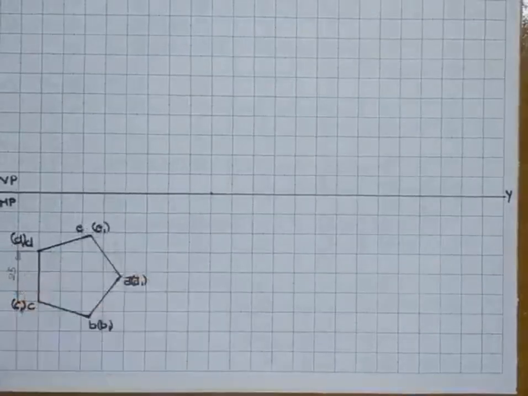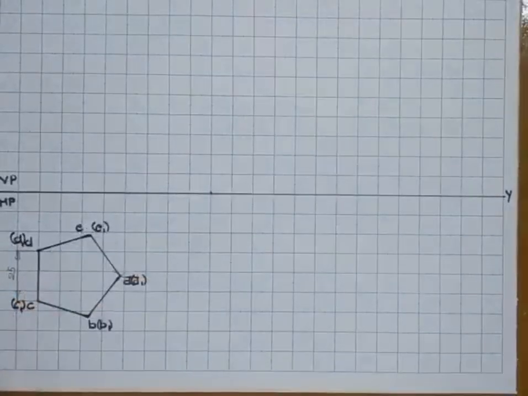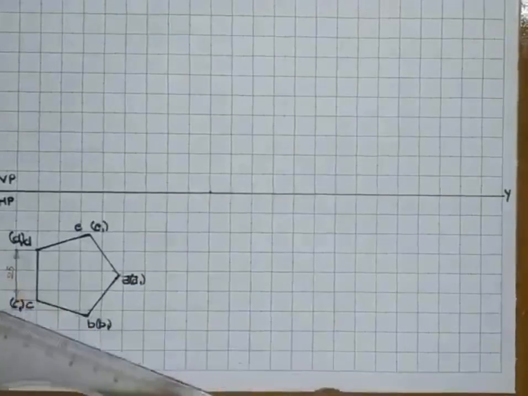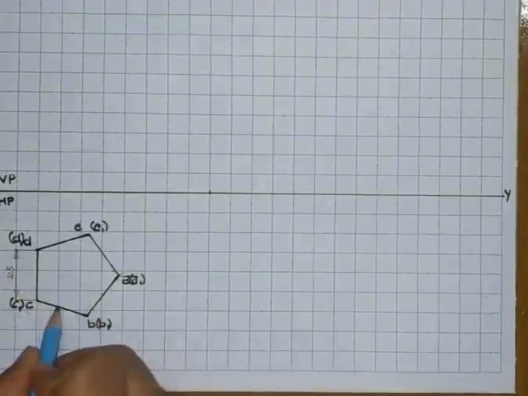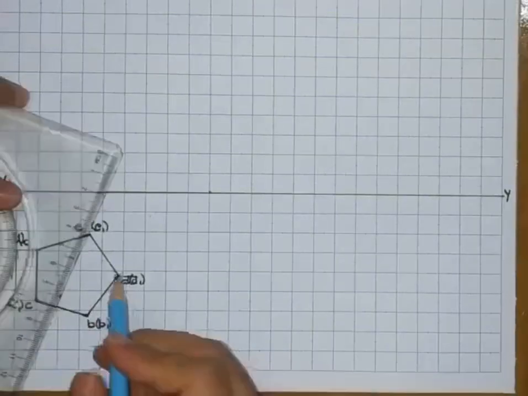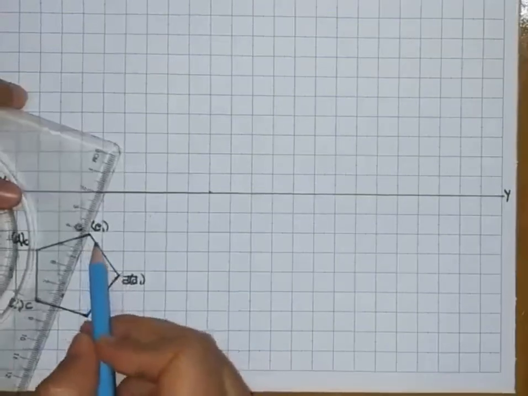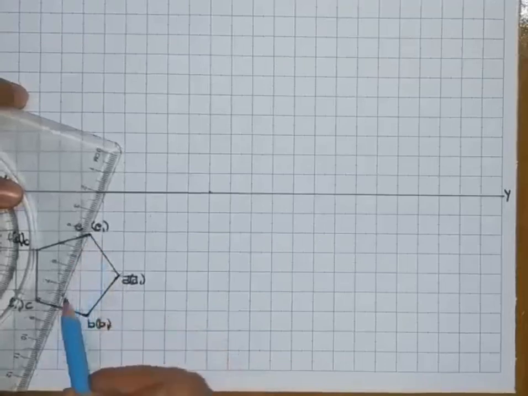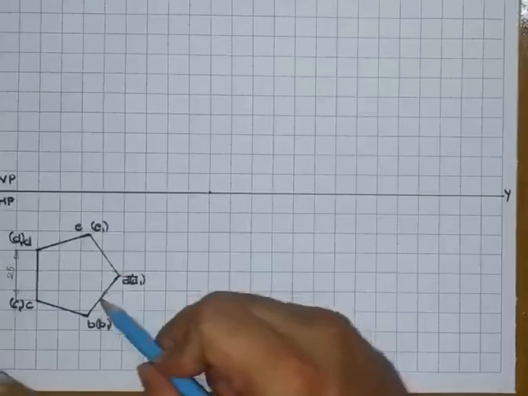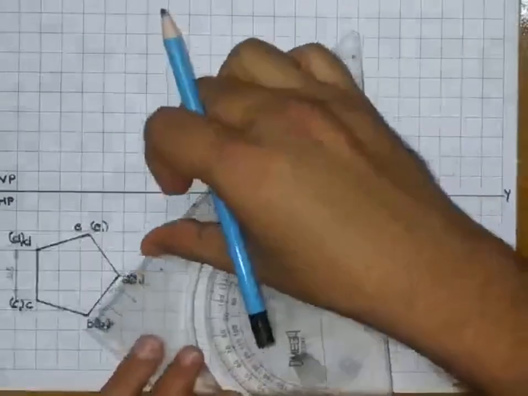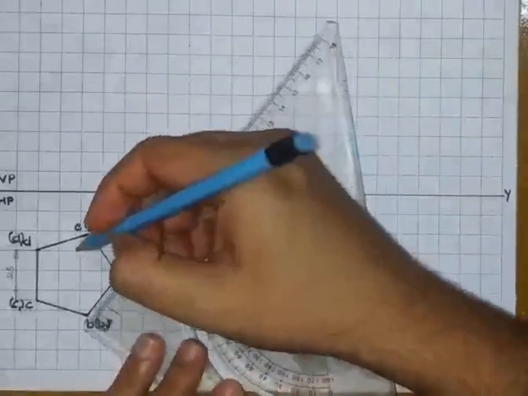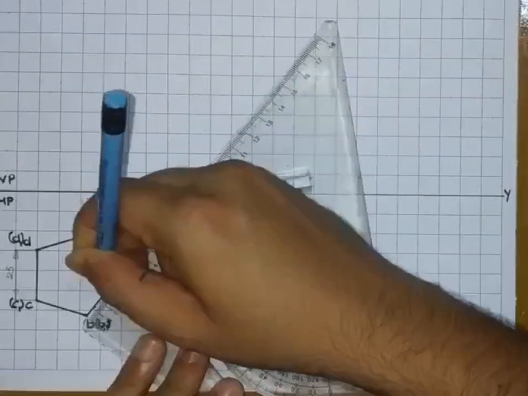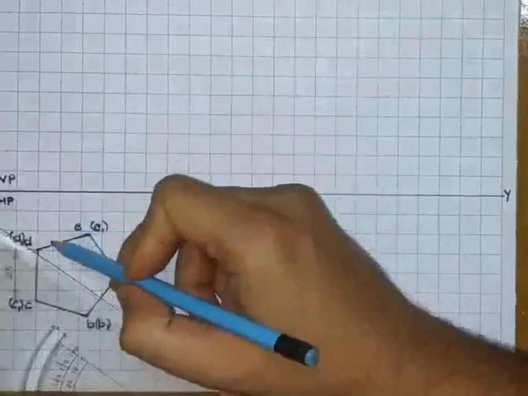Let me also mark the center of the polygon. Mark the midpoint of any one of the edges and draw a line to the opposite corner.